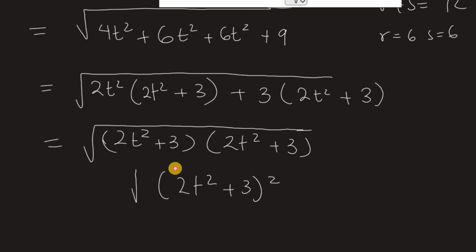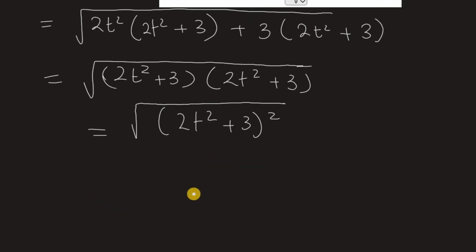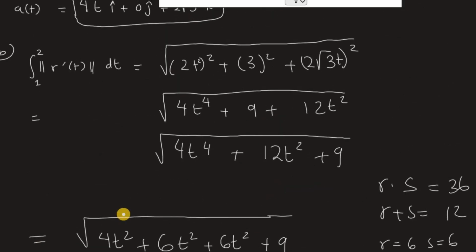Okay? And yeah, not forgetting the square root, which was originally at the top. So now we can finally cancel out the square root with the square, and we are left with 2t squared plus 3 finally.